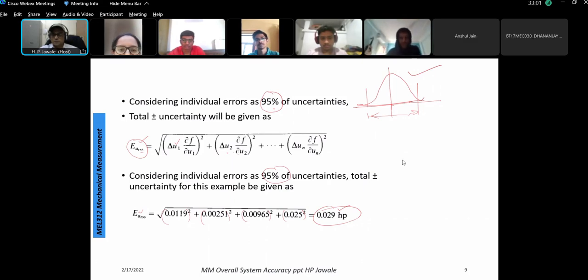Right. This is now the final error. We know that we want to have this; we should not have error more than 5% or 2% or 1%. But in actual practice, what we anticipated is something else. With the help of the most accurate equipment available to us, we carried out the measurement, anticipated the uncertainties, and saw how those are propagating.